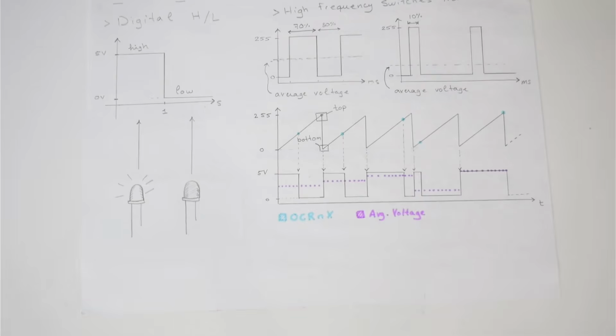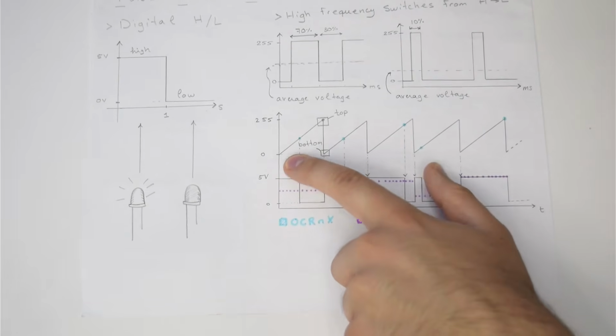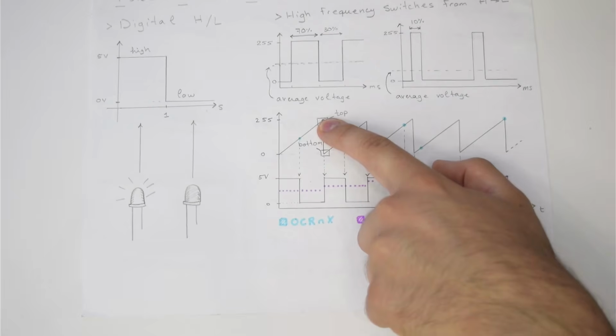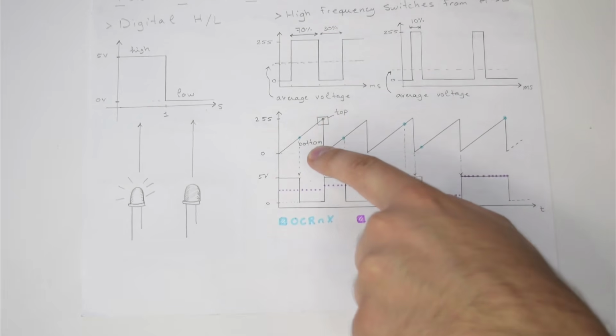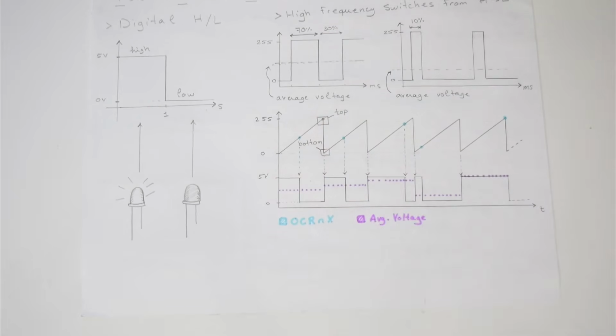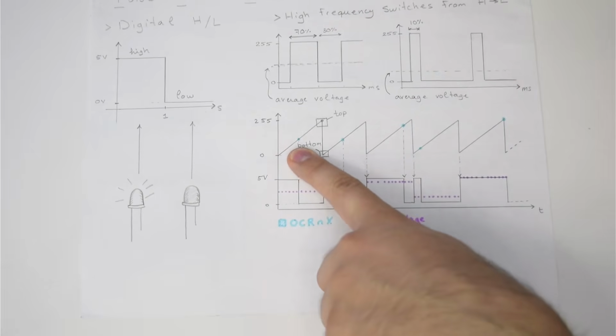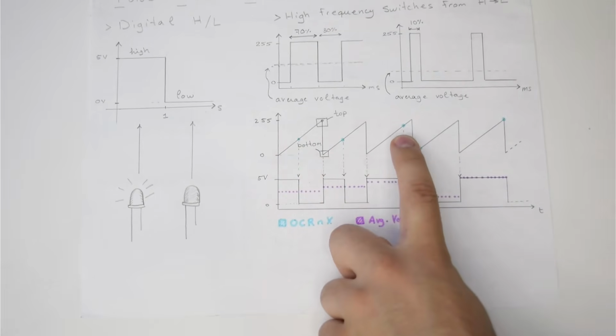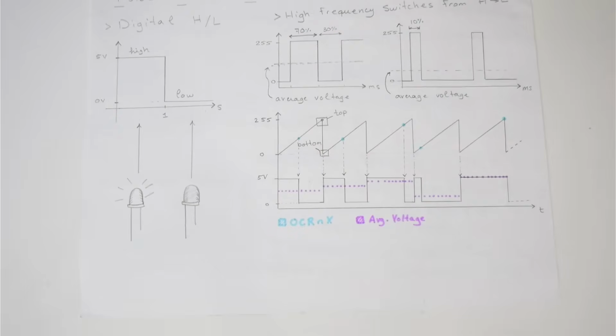You essentially have something that is counting from 0 to 255, and depending on what you put as your flag, which is made by these little blue dots here, is what the brightness of that LED will be. This flag is also called the OCR register, which is the output compare register.